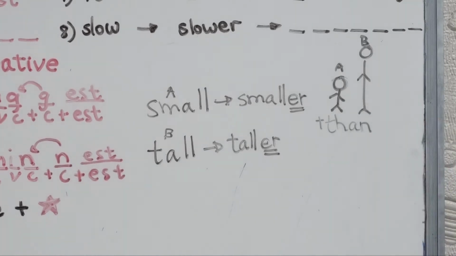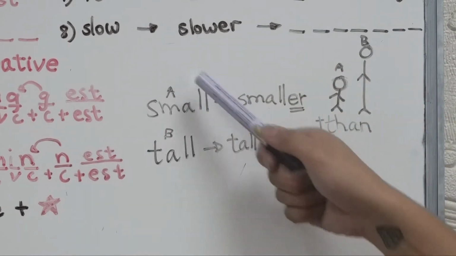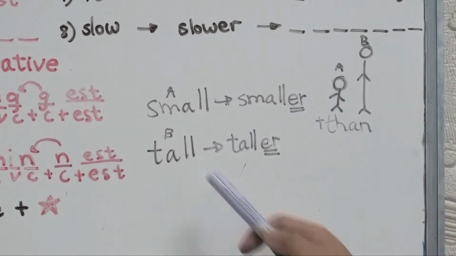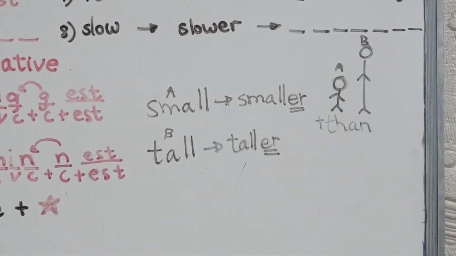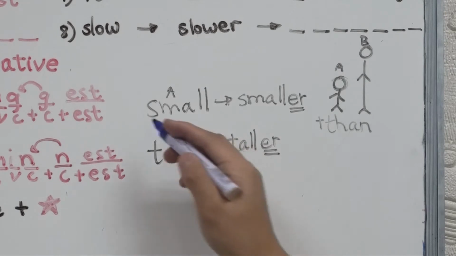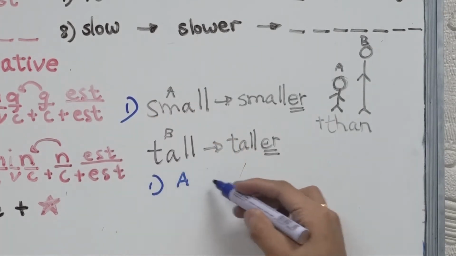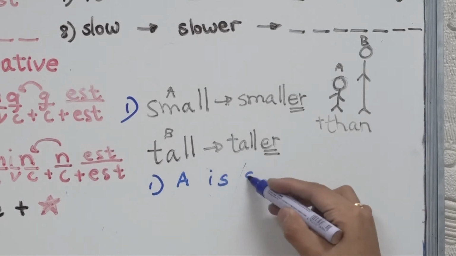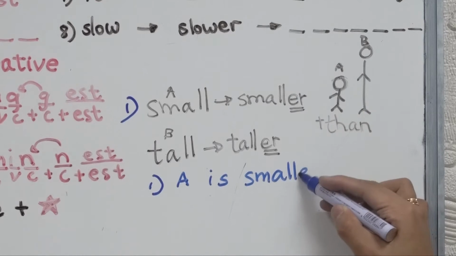THAN, than. Alright? So how do we make a sentence using all of this, right? A is small, so A is smaller. B is tall, so B is taller. Taller than who, right? So for sentence 1, we will say A is, remember, smaller, ER.